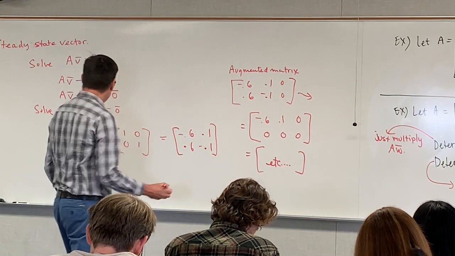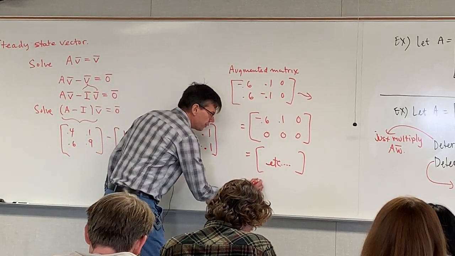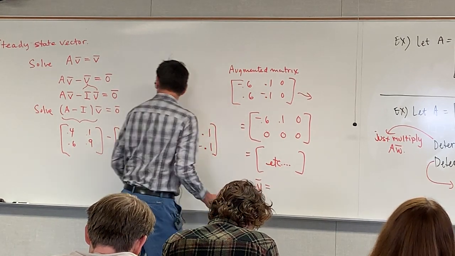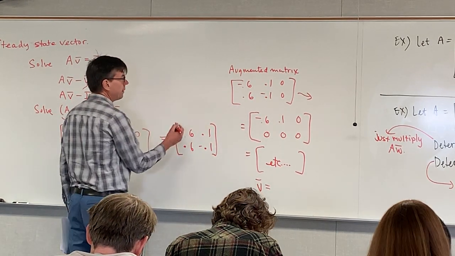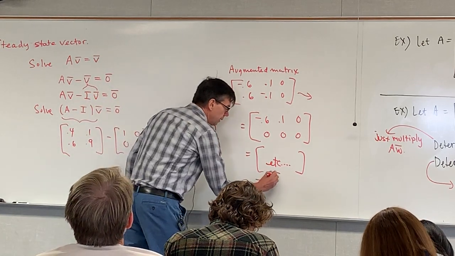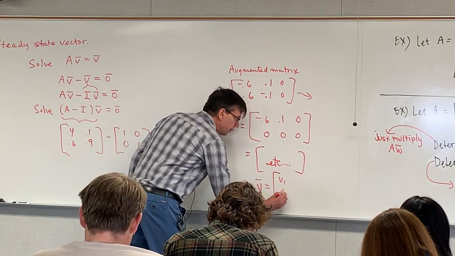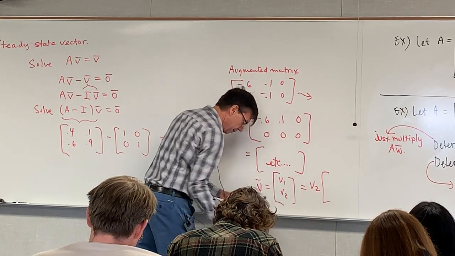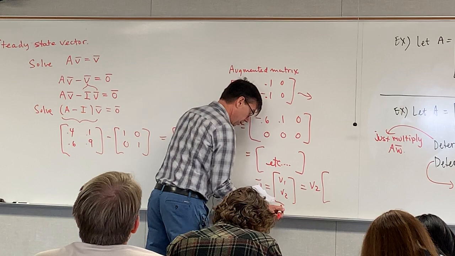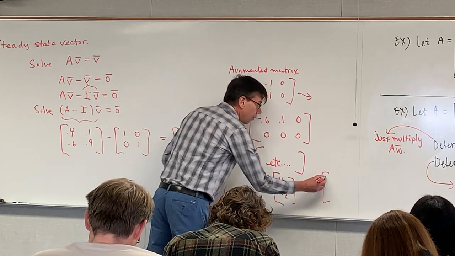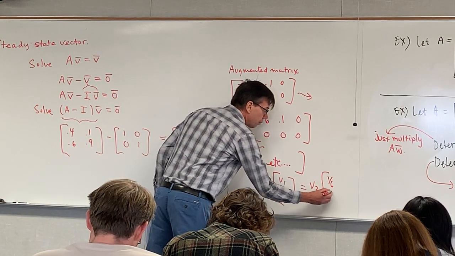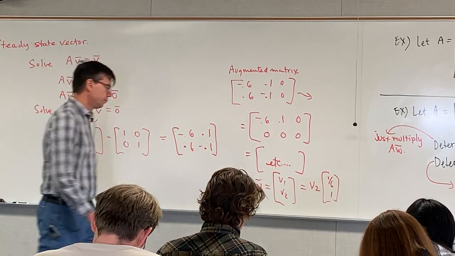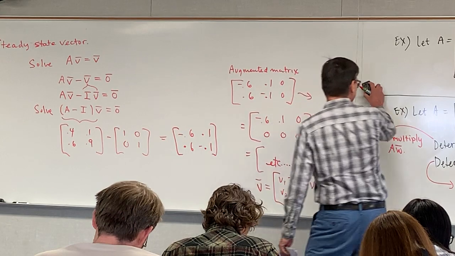And what I'm going to get is the general solution looks like this. If V is, say, V1, V2, it can be described as V2 times 1/6, 1. Well, I guess I almost filled in every step.